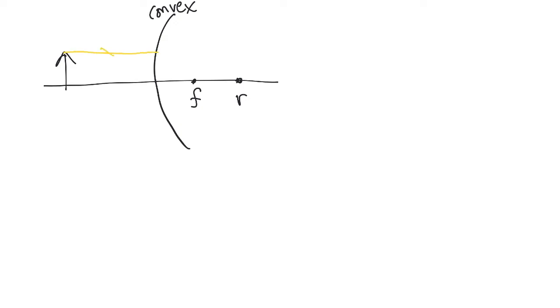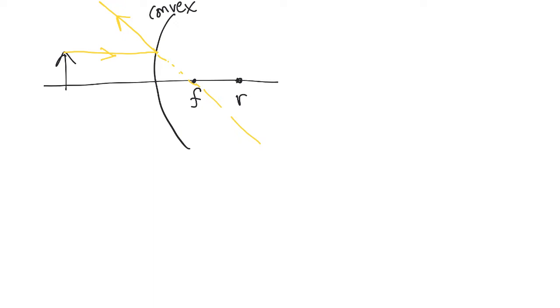This light gets reflected, but remember, if it goes in parallel, it goes through the focus. Well, actually light doesn't go behind a mirror, right? So what it does is it gets reflected along the same line as if it went through the focus, okay?